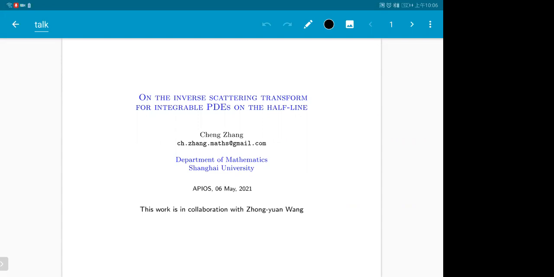The key idea is to think about what kind of integrable system can be solved by inverse scattering transform, and how we can tackle this problem with the boundary. This work is in collaboration with my master student Wang Zhongyuan.